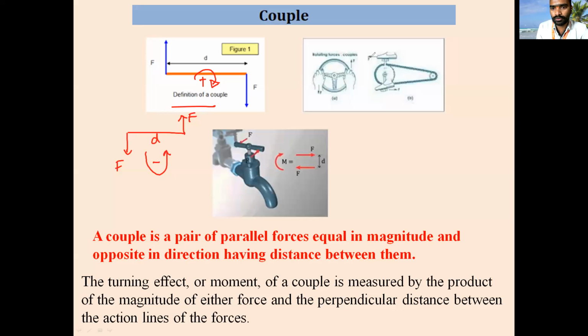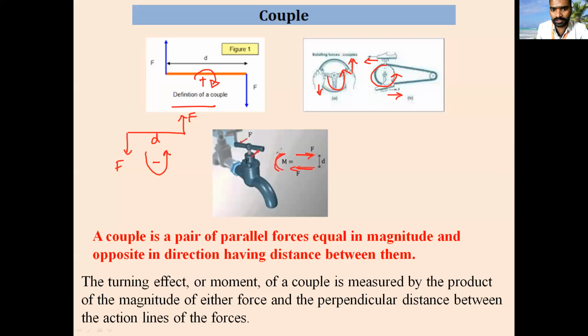Tell me. The force in this diagram is moving like this. Is it producing a clockwise or anti-clockwise couple? Anti-clockwise. Here is one force, here is one force. Clockwise or anti-clockwise? Anti-clockwise. Here the force is moving in this direction, in this direction.